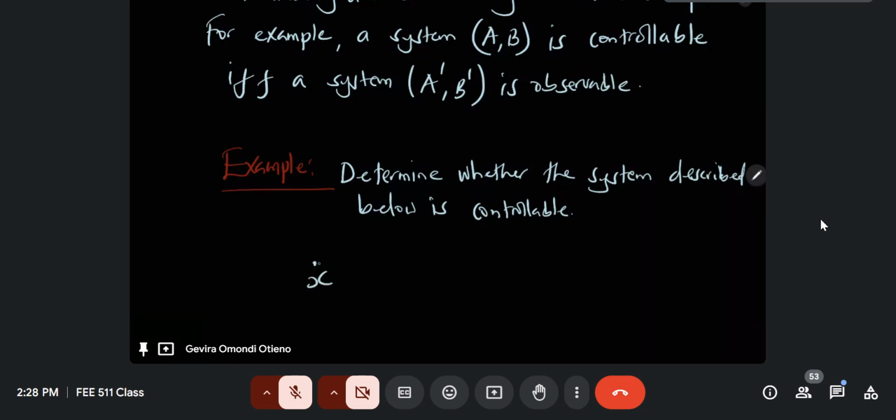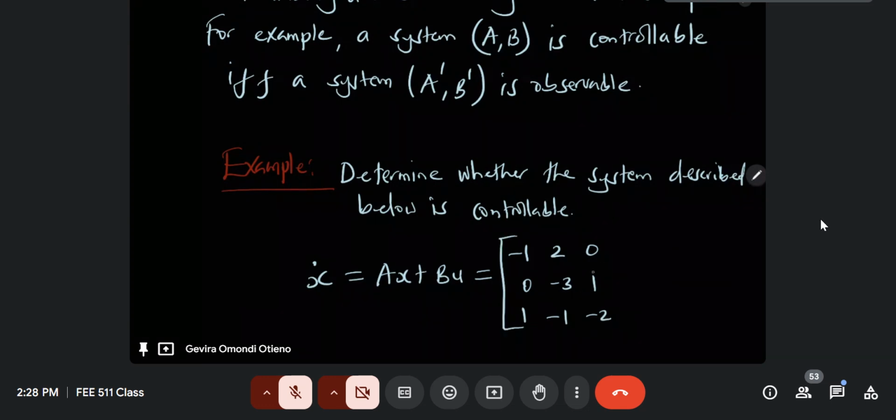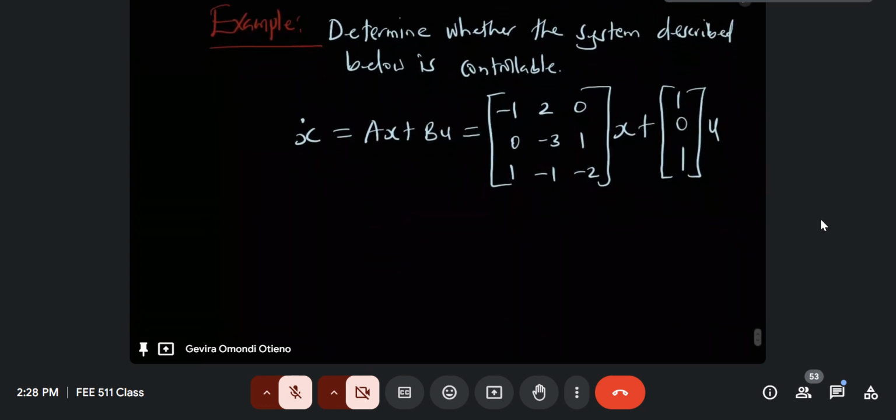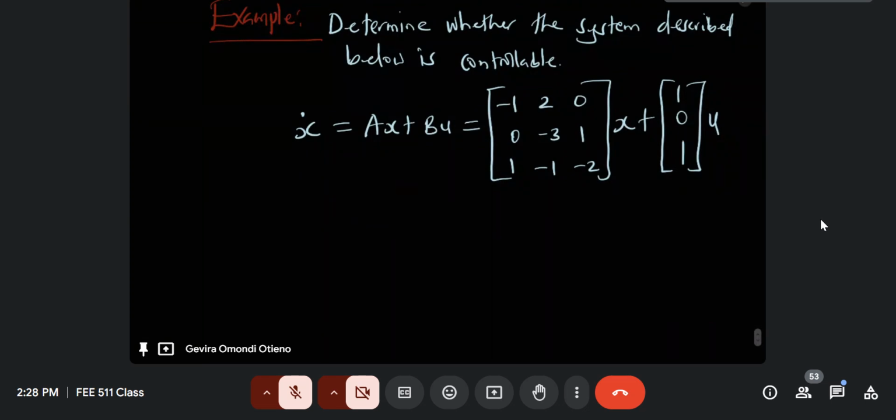They have actually given us the state equation: the matrix with rows -1, 2, 0; 0, -3, 1; 1, -1, -2, times x, plus the vector 1, 0, 1, times u. So we are to ascertain or test whether this system that has been described here is controllable.